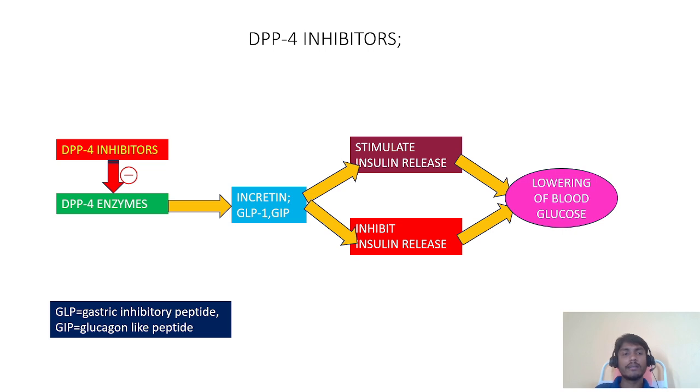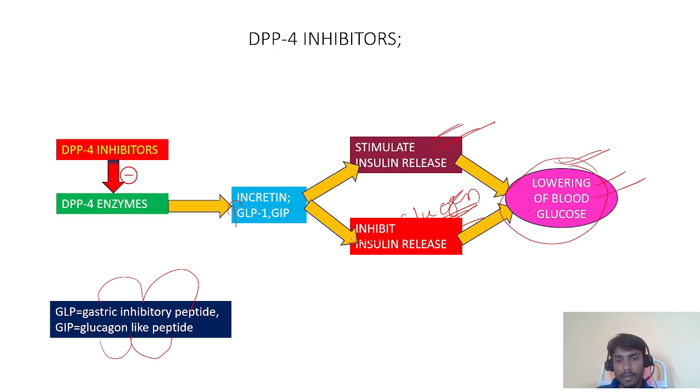Then DPP4 inhibitors. The DPP4 enzyme breaks down the incretins, GLP and GIP. These incretins stimulate insulin release but inhibit glucagon release, thereby reducing the blood glucose level. GIP is gastric inhibitory peptide, and GLP is glucagon like peptide.